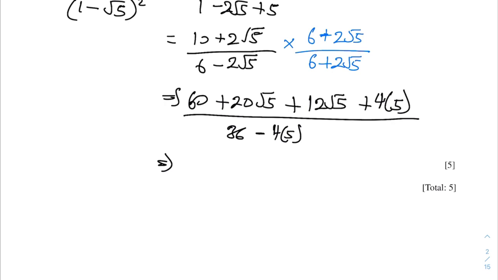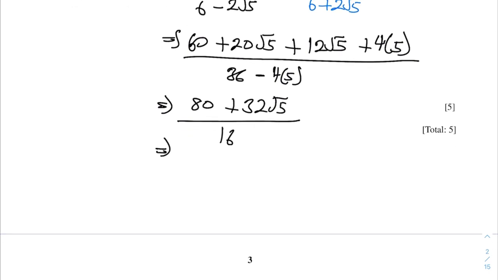We have 60 plus 20, giving us 80. Then we have 20 plus 12, that's 32. So you have 32 root 5. All over, this should be 16, right? Because you have 36 minus 20, yeah, that's 16.